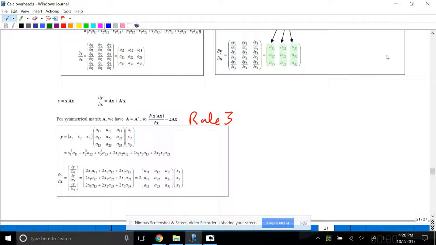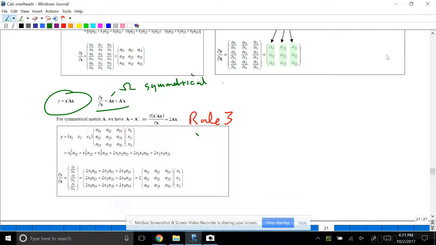If we have the derivative of some sort of quadratic expression, a row vector times a square matrix times a column vector, the derivative of that is going to be Ax plus A prime x. But if this A is like a covariance matrix, it means it's symmetrical.